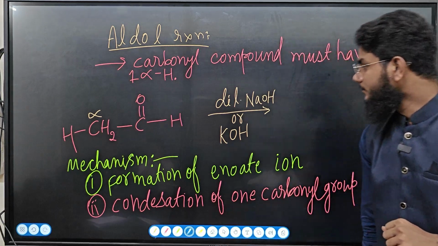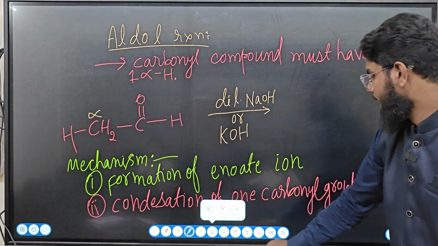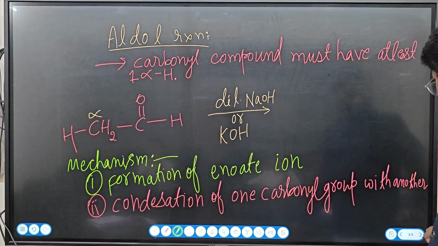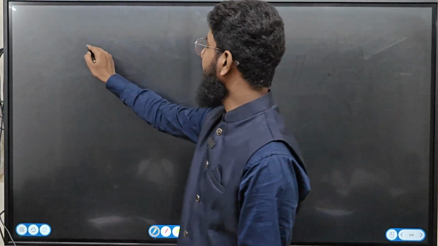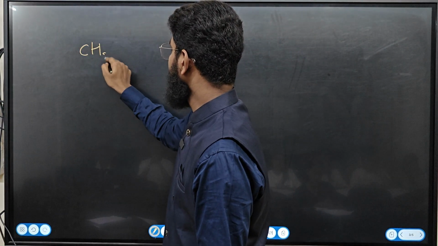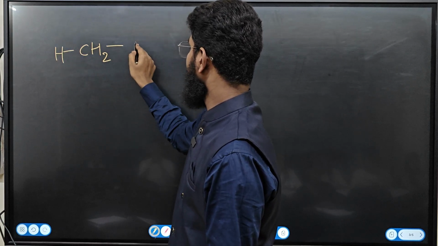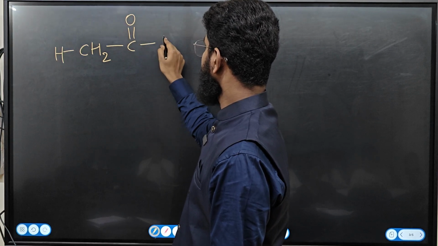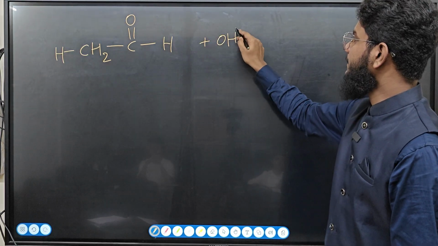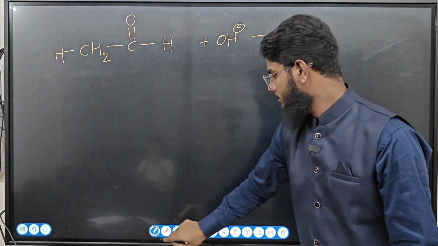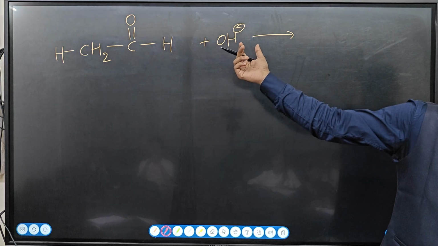Now look here at how we can discuss the mechanism and how it looks. So you have any carbonyl compound having alpha hydrogen, and there is a base, OH minus. What will this base do?